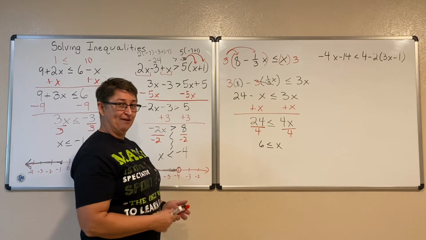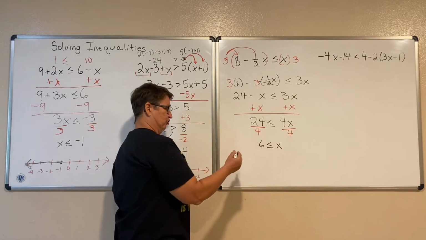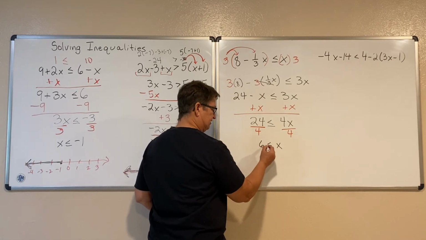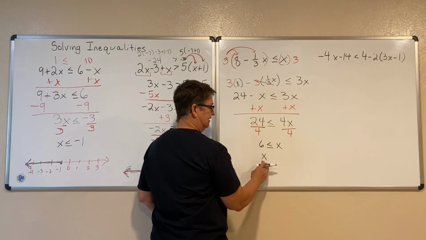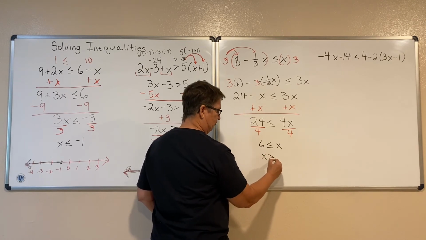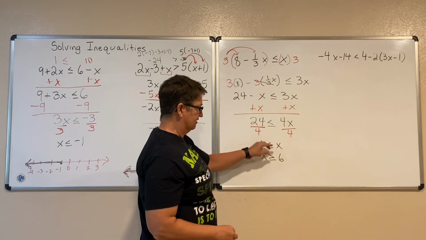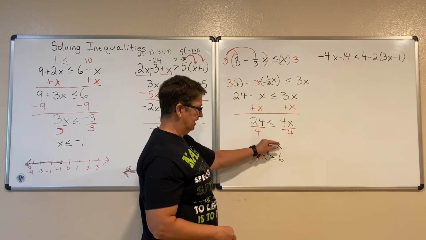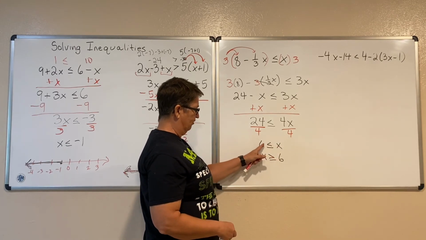Now I'm going to graph this, but maybe before I graph it, I'd like to turn it around. 6 is less than or equal to x is the same thing as saying x is greater than or equal to 6. Notice here that Pac-Man is eating the x. The greater than or the less than sign is the x is greater than the 6.